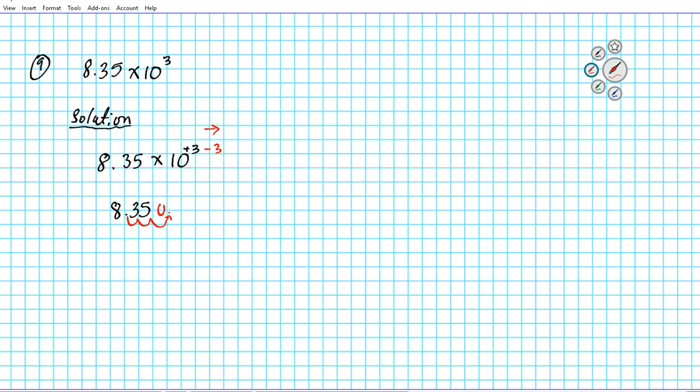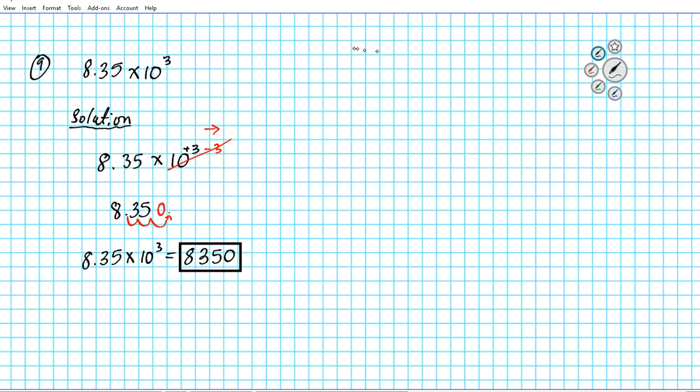That means we're going to insert a 0. That move will eliminate that 10 component. Our final answer, 8.35 times 10 to the 3rd, is the same thing as 8,350. Move the decimal point 3 places to the back, and that will be your desired result.